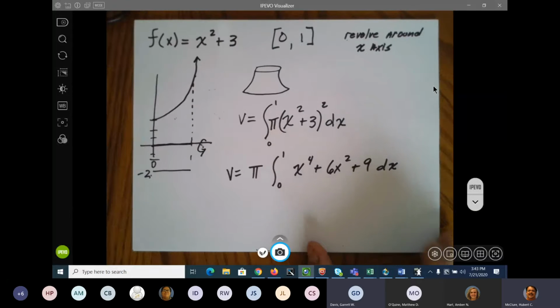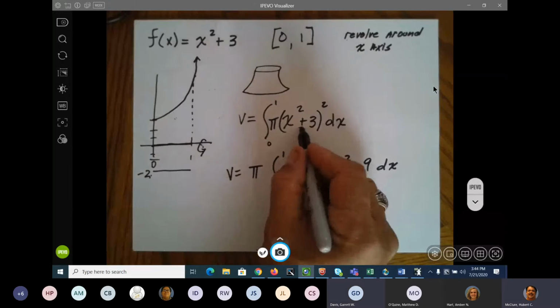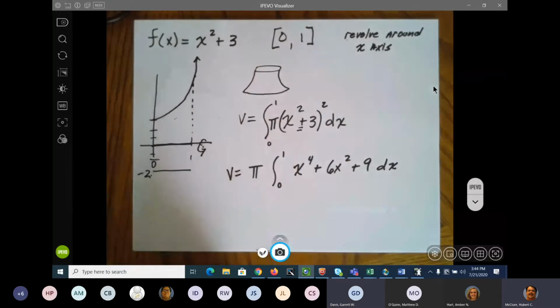The shortcut. Yes, shortcut number what? It's good that you remember the shortcut. Which one is it? It's got a plus. Shortcut number 1. And where is that? That's algebra.